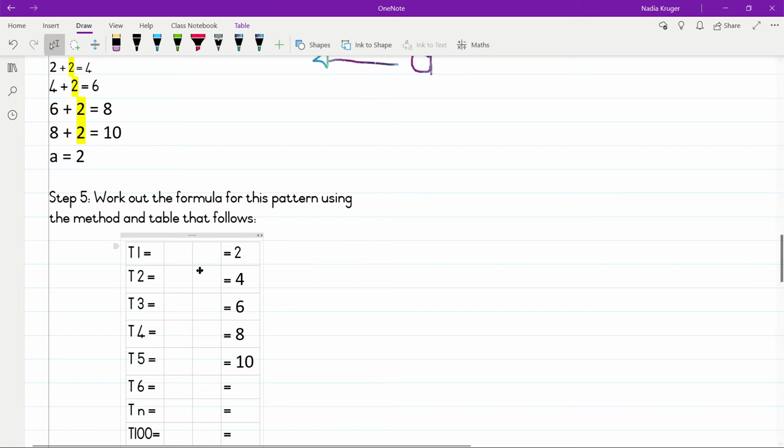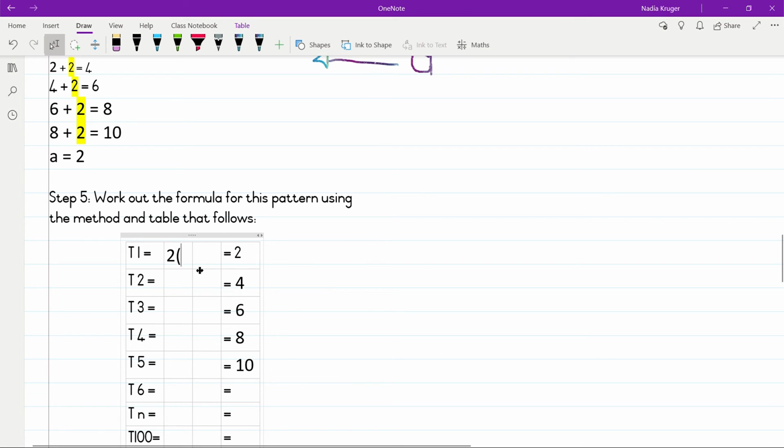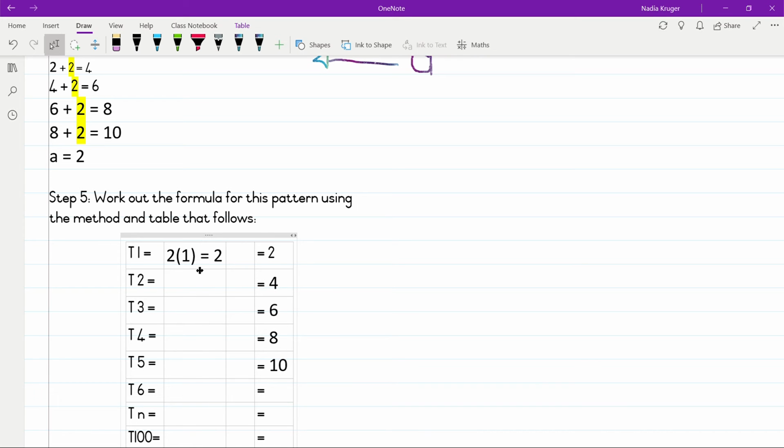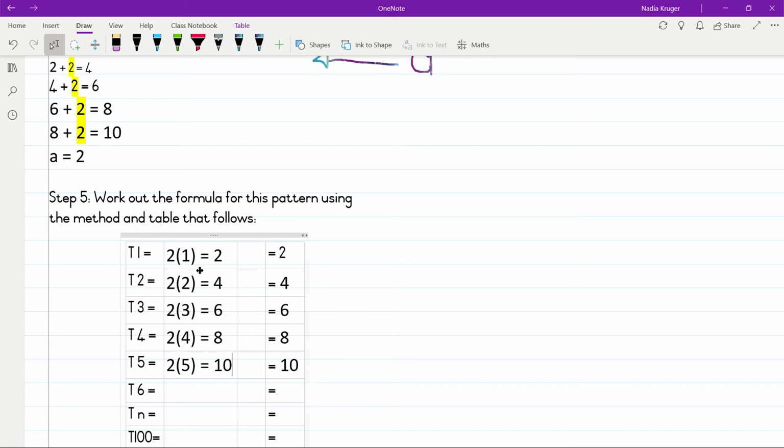So A would be 2. Our term number is 1. And 2 times 1 is 2. The next one, 2 times 2 is 4. 2 times 3 is 6. 2 times 4 is 8. 2 times 5 is 10.